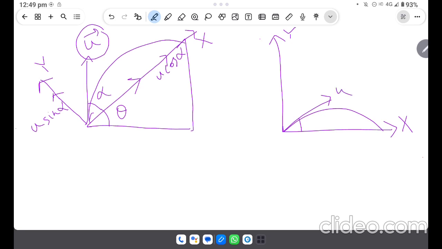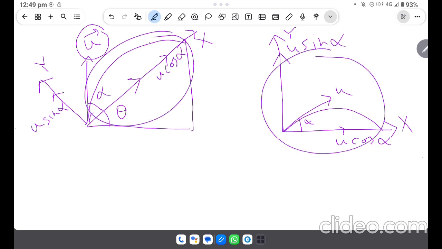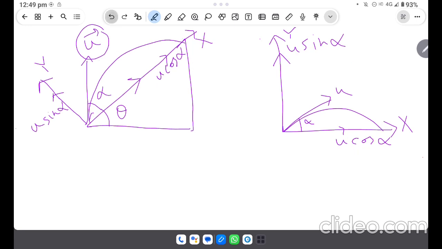So here u, if this is the angle alpha, u cos alpha, this is the u sin alpha. That means we are drawing the same thing here for easier calculation, nothing else. Okay, so along the x-axis we got the u cos alpha, along the y-axis you get the u sin alpha.